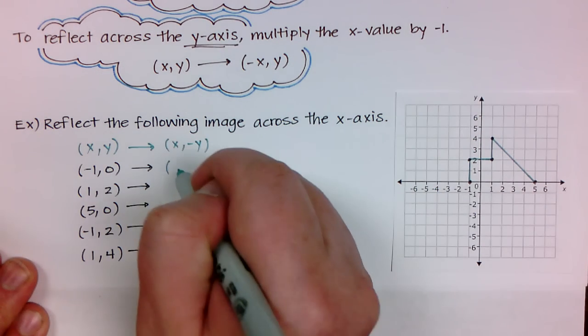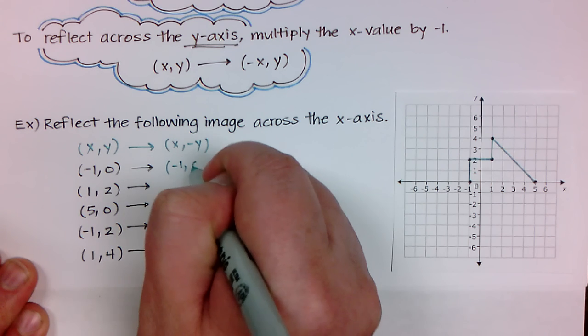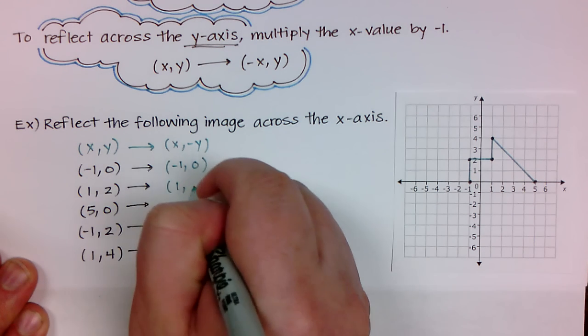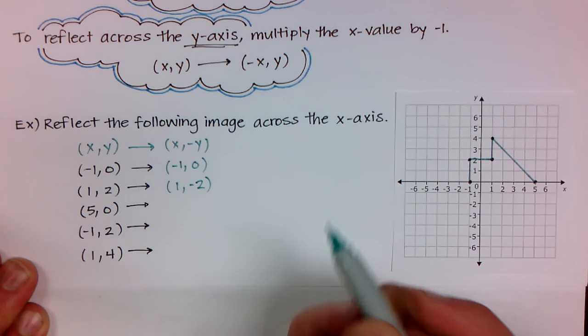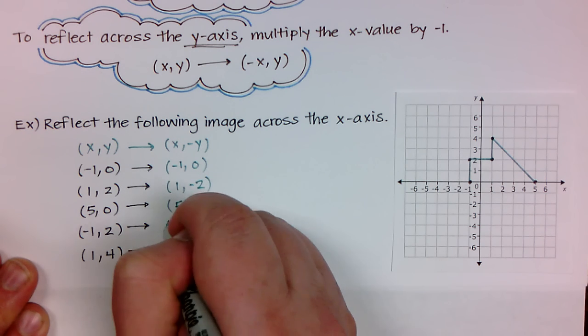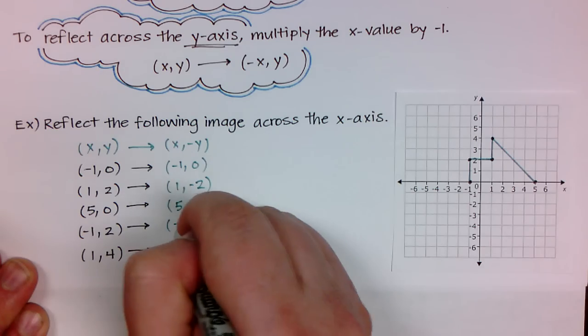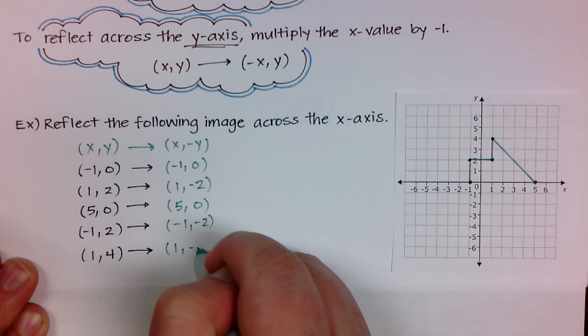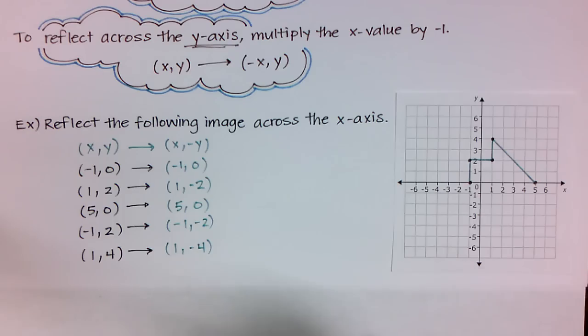My first point is going to be -1, 0. That's going to stay the same. The next one is 1, now it's -2. The third point is 5, 0. The fourth point is -1, -2. And the fifth point is 1, -4.